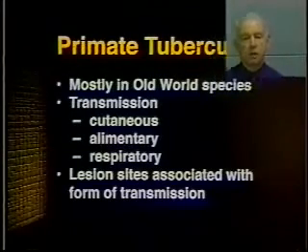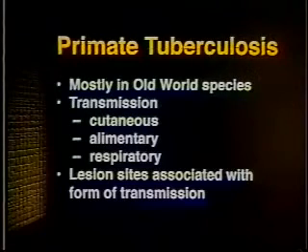Primates may become quite susceptible to tuberculosis. They largely do not have a problem with the disease in natural habitats, but Old World species of primates, monkeys and others, that are used in zoos or in biomedical research may become quite susceptible to the human form of tuberculosis, and often it is a human which initiates the infection, and then the disease is transmitted within those primate populations and possibly then transmitted back to humans.